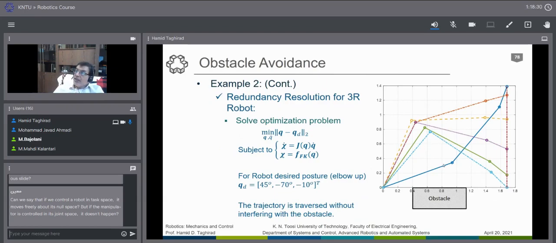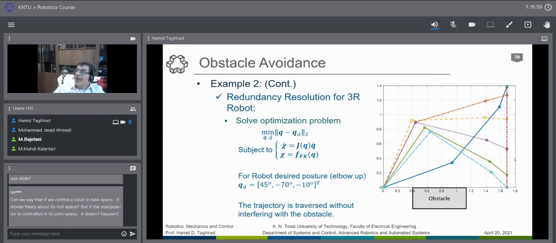You will see that because of this requirement that we would like to go to an elbow up, the robot will find, from infinitely many other solutions that it has, the solution that is elbow up. So it will go to the elbow up position here, and then you see it will come just down up to here quite easily.